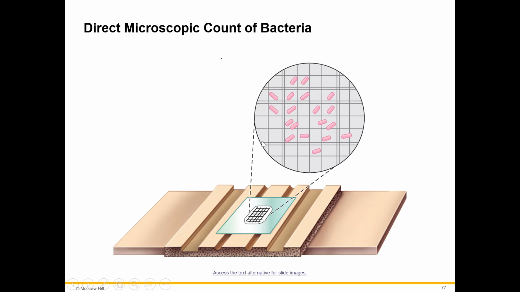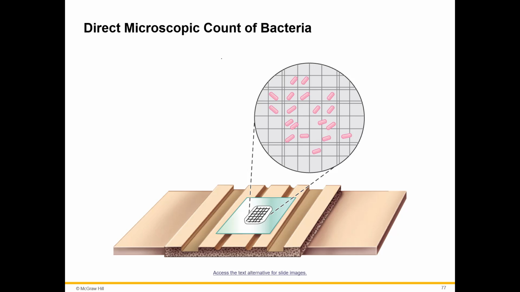And then from the known amount that you've plated, you can do calculations to determine what the total count was in the tube. Now again, you're counting both living and dead cells. Living and dead cells with bacteria look identical. So you can't tell the difference between a living and dead cell just by looking at it.